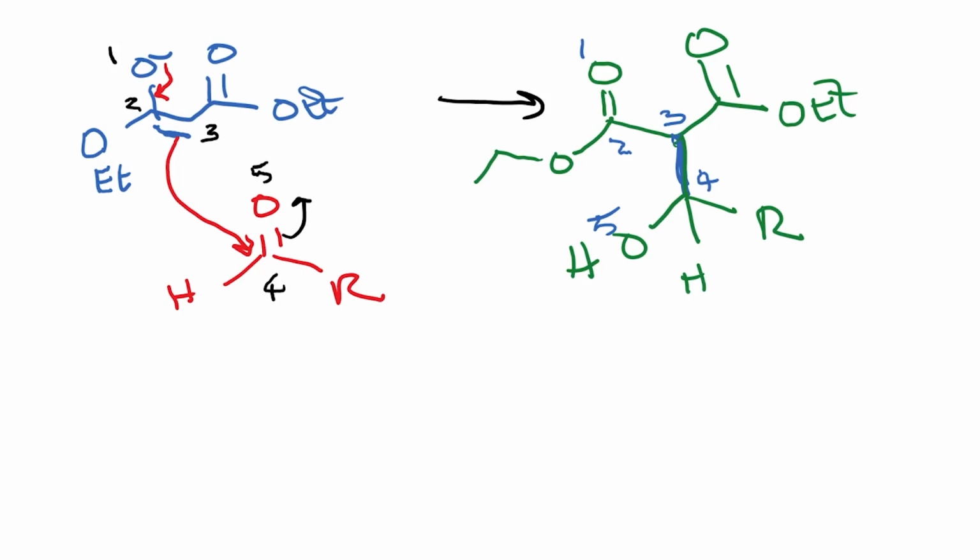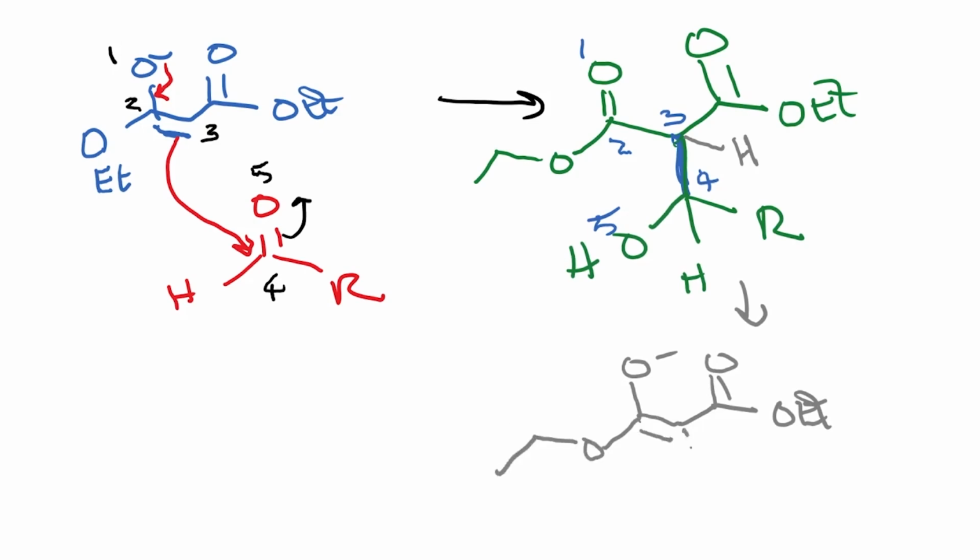pretty identical. Since this has one more enolizable hydrogen over here, it can produce the corresponding enolate again. So you have O minus, OEt. I'm not drawing out the arrow pushing mechanism for the formation of the enolate. I think you guys are quite familiar with it by now.